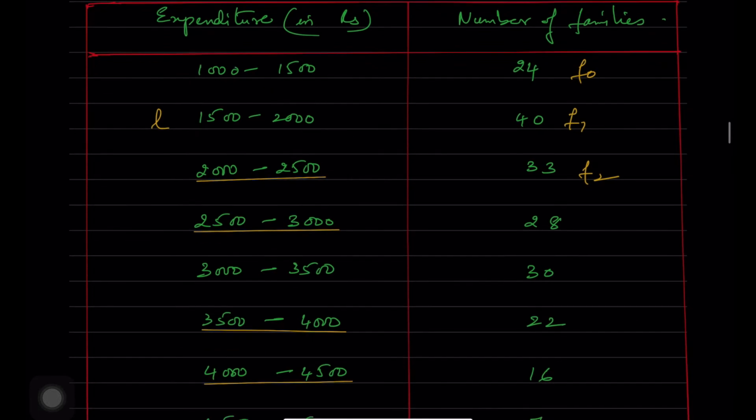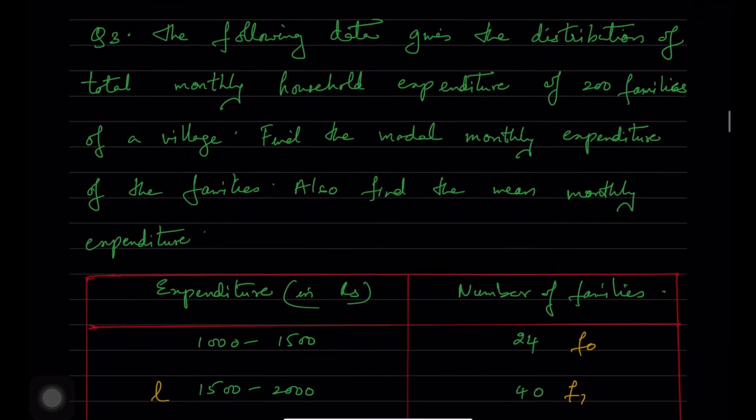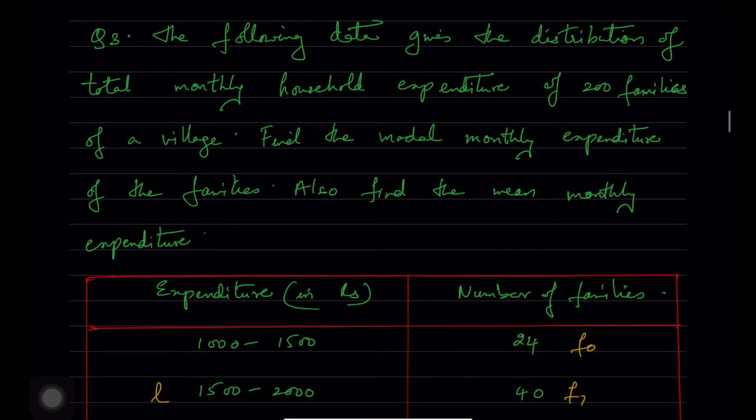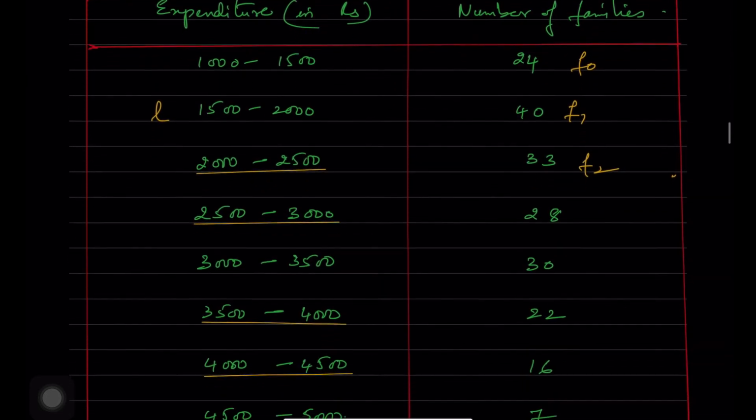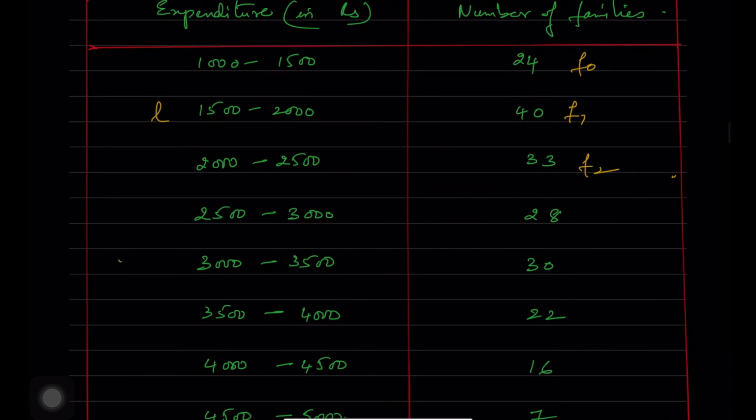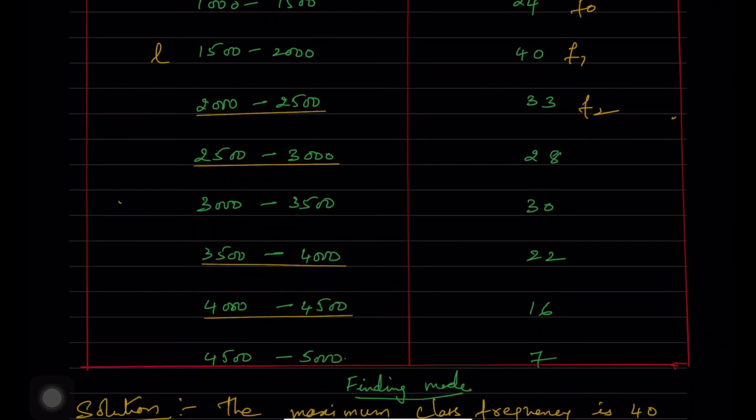So 1000 to 1500 is 24 families, 1500 to 2000 is 40, 2000 to 2500 is 33, 2500 to 3000 is 28, 3000 to 3500 is 30, 3500 to 4000 is 22, 4000 to 4500 is 16, 4500 to 5000 is 7.